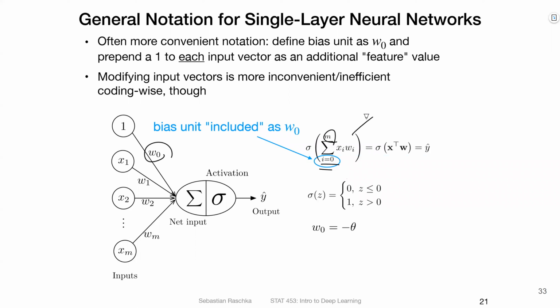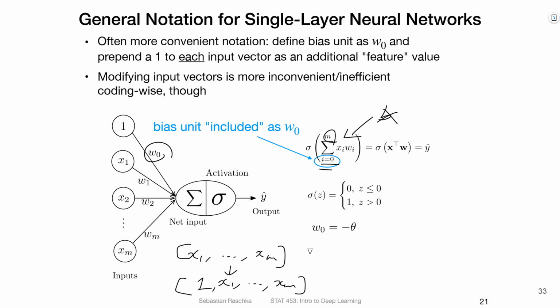And we don't have to explicitly denote b here any longer. Our input vector was originally x1 through xm, but now we are going to concatenate 1 at the front, and then x1 through xm.